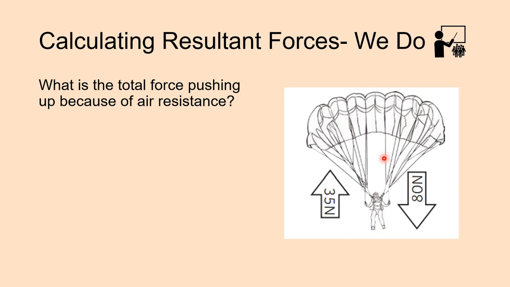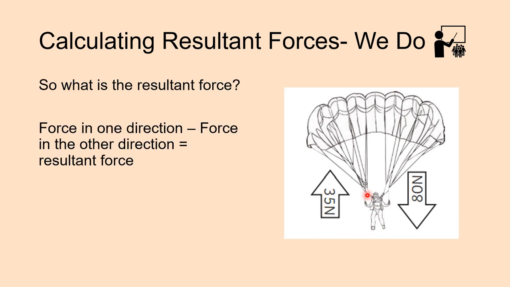In this case, because of air resistance, that's 35 newtons. So we can work out the resultant force by doing the force in one direction, the bigger one, minus the force in the other direction. So we're going to do 80 newtons, which is the force down, minus 35 newtons, the force up, to give us the resultant force of 45 newtons down.